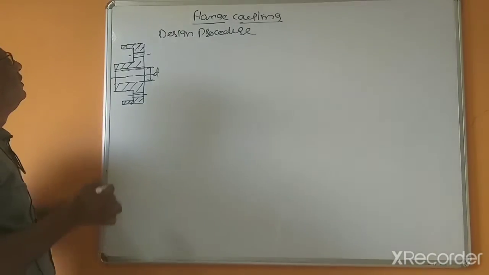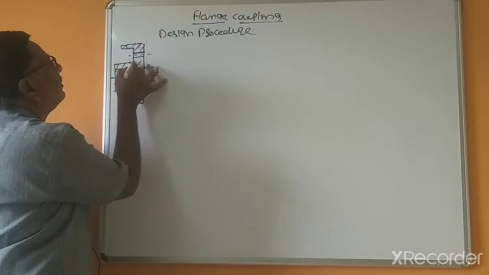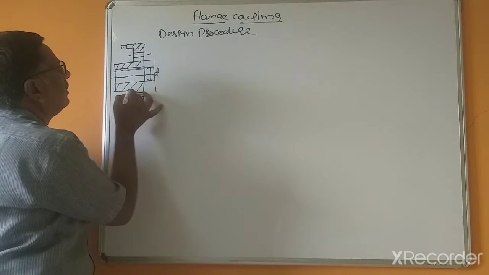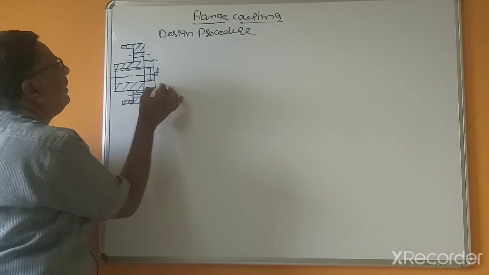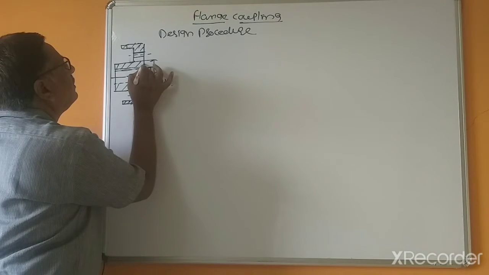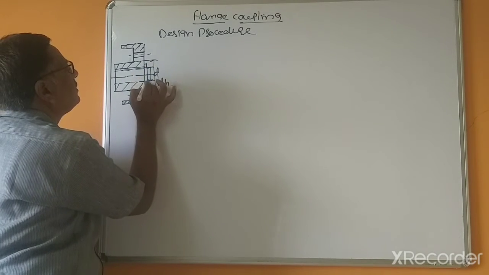Now, d is the diameter of the holes. This is the diameter of the hub, DH, and here this is a recess.